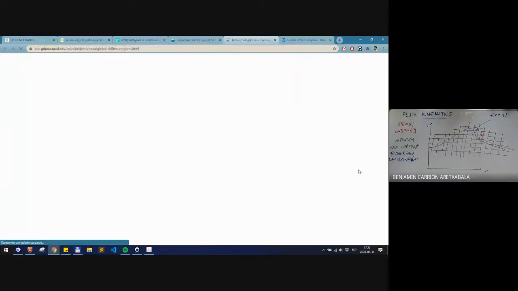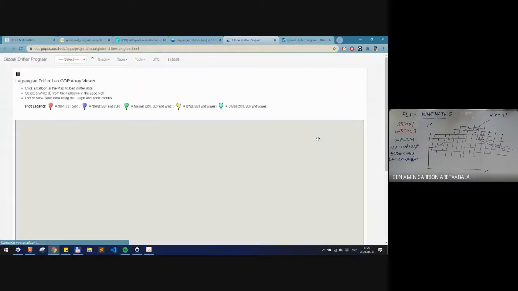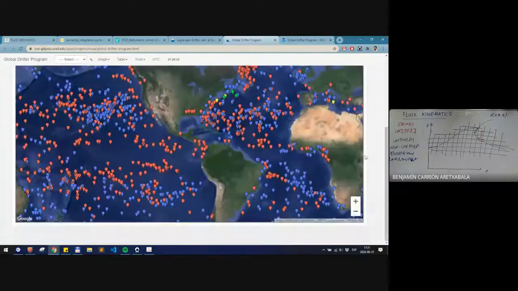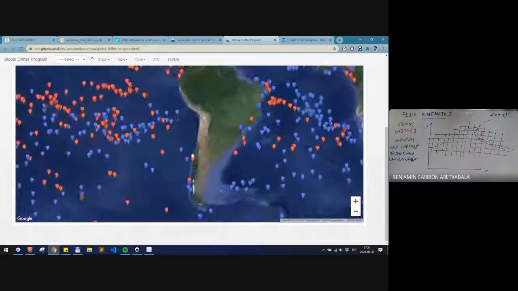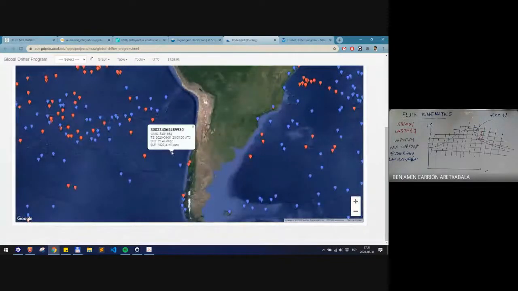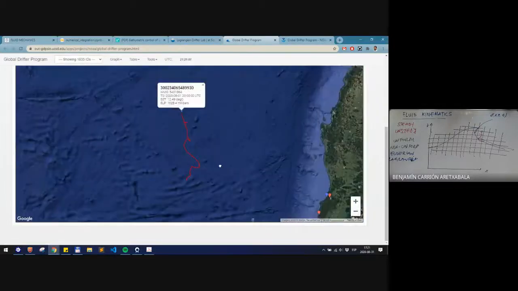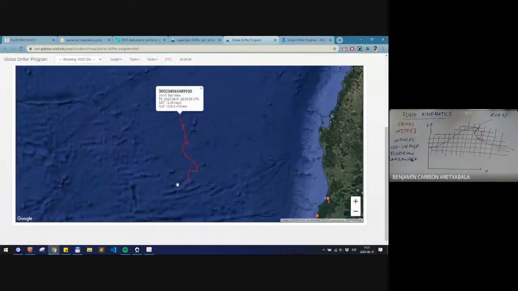So actually, you can see them, and you should be able, for instance, to pick one, like this one in front of the Chilean coast, and it will show you how it's been drifting. So you see the velocity of this guy moving around is similar to the velocity of the flow that is feeling the drifter. It's not directly that, but you can make a good case for that.